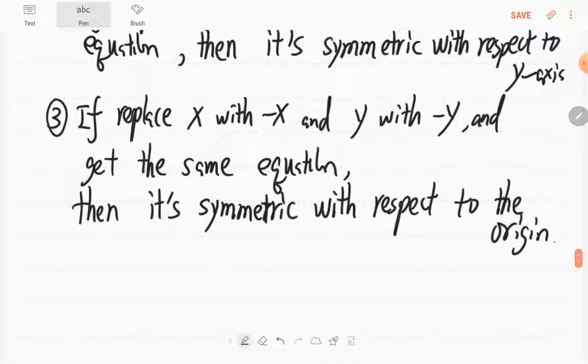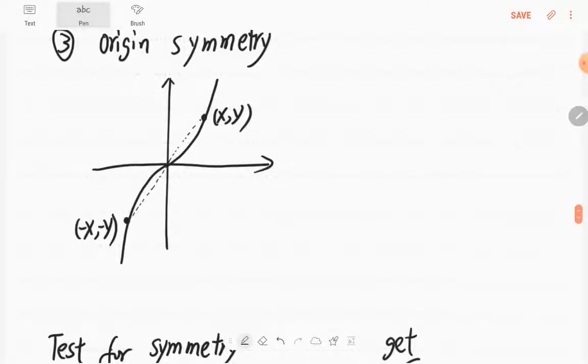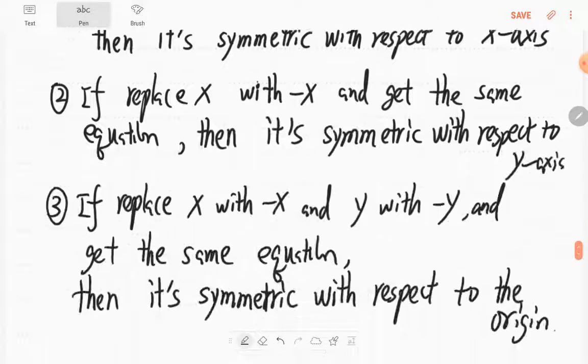So that means if (x, y) is on the graph, then (-x, -y) would also be on the graph, right? Which is the origin symmetry.